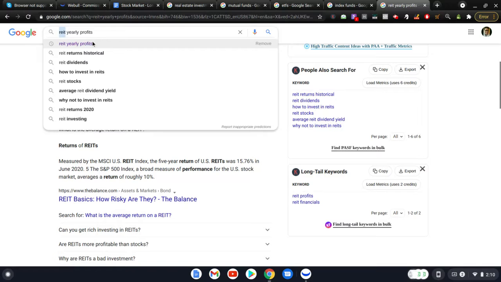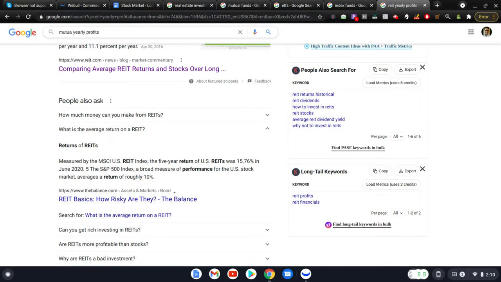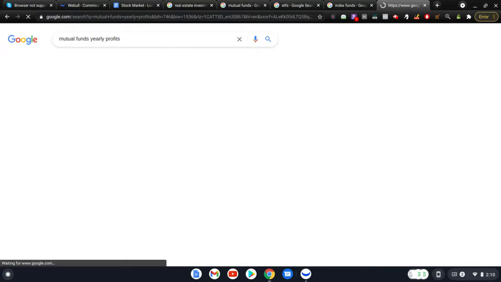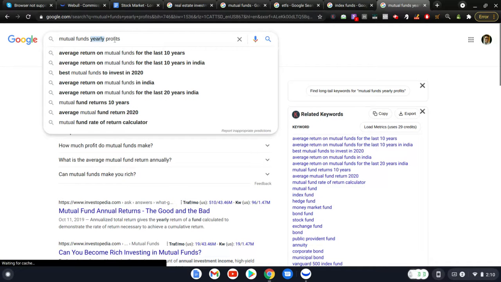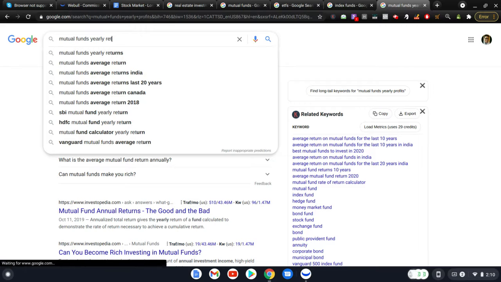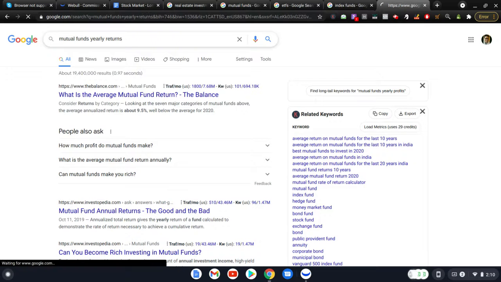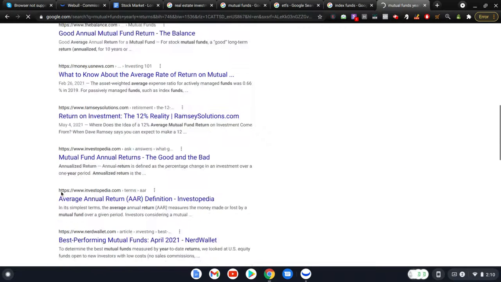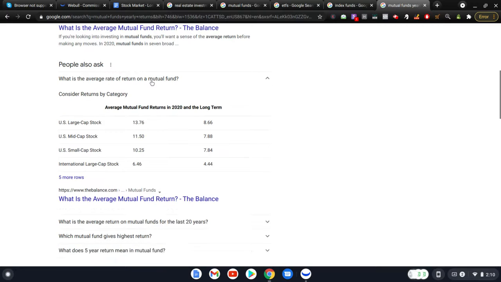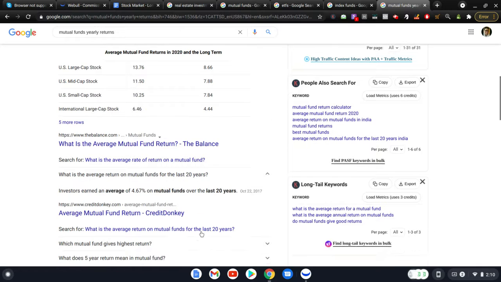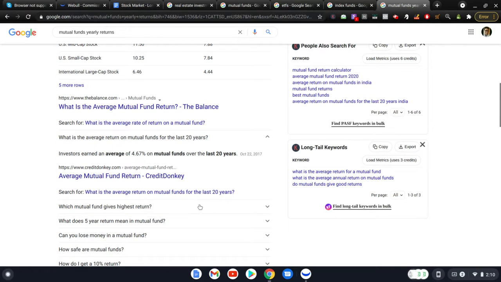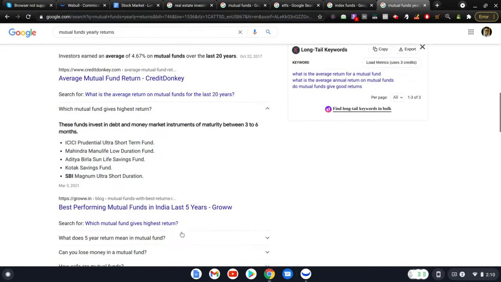If you search mutual funds yearly returns, just like that, just to give yourself an idea, you can have a better idea of what kind of returns you get. So you can see the 5 years.